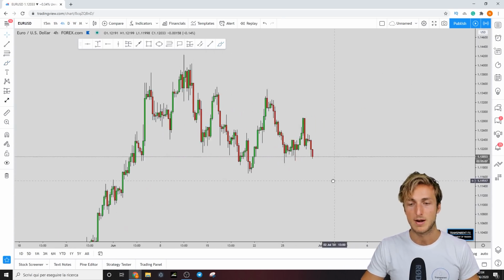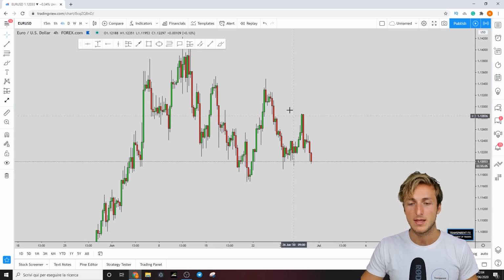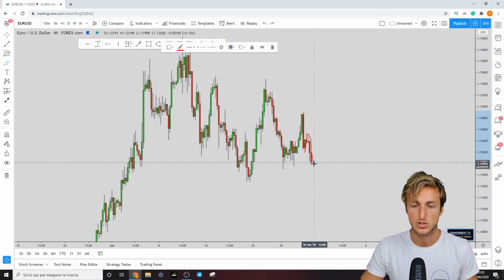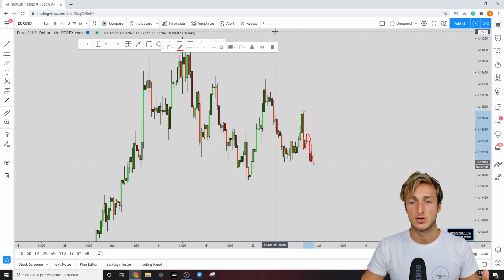On the 4-hour, the market is creating only bearish patterns, starting from the W formation that the market created here before the move to the downside, followed by the impulse, correction and impulse pattern to the downside that the market is currently creating and completing.